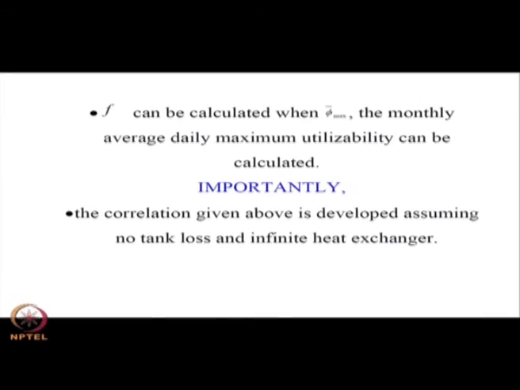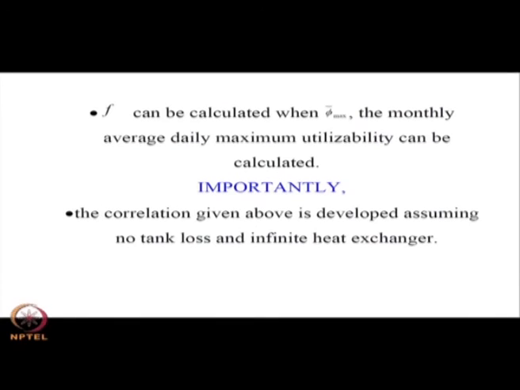Now, last but not the least, this correlation, we do not know anything about the heat exchanger, number 1. Number 2, we also have not explicitly considered or implicitly considered in deriving this relation the losses from the tank. So, you might wonder why the losses from the tank were not there in the F chart, nor did I mention the tank losses and the heat exchanger correction.